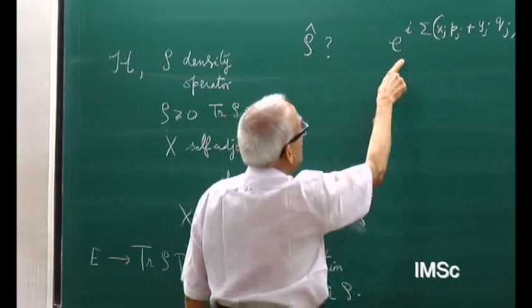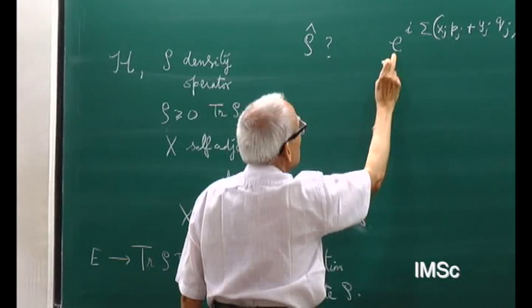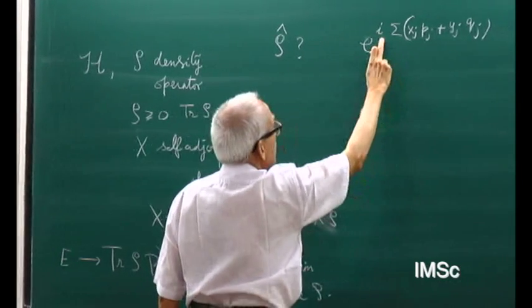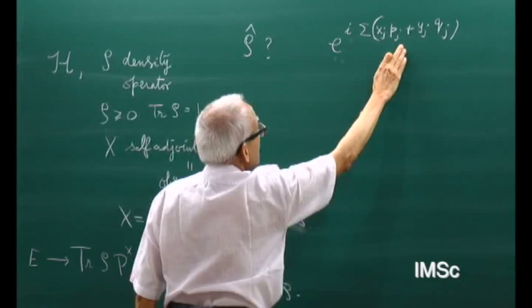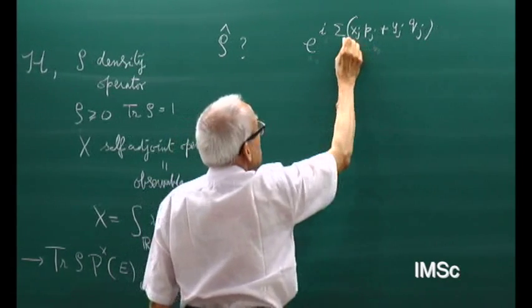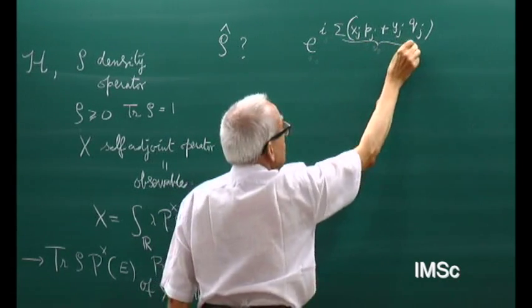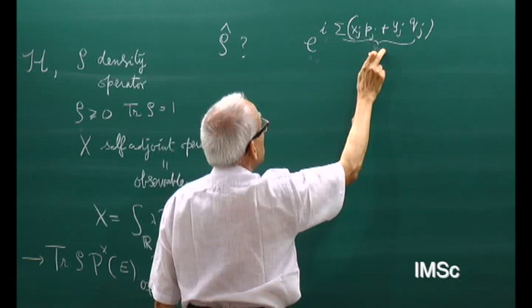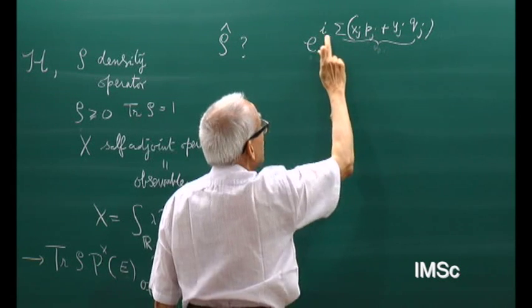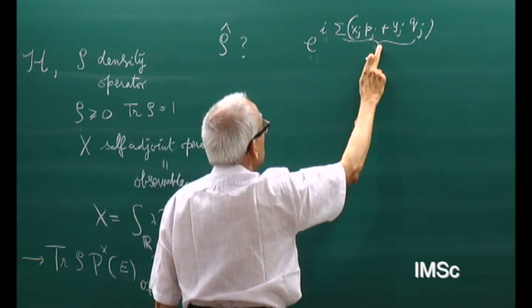So the Fourier transform will now look like e to the power i times some operator, but this is considered as an observable or a self-adjoint operator. E to the power i times that is a unitary operator.